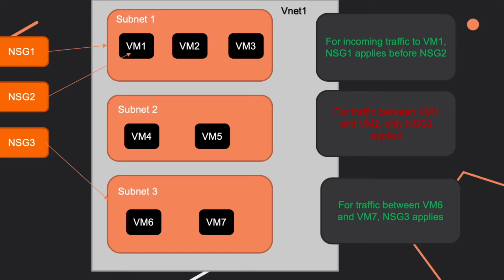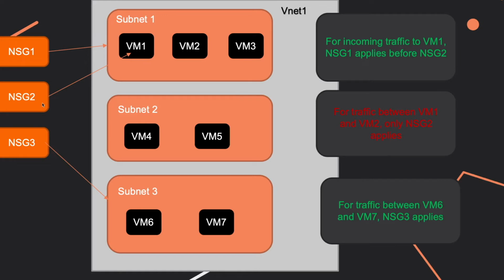For outgoing traffic, the rules in NSGs associated with the VM network interface are processed before the NSG associated at the subnet level. So since we are dealing with incoming traffic, the rules in NSG1 are processed first, and then the rules in NSG2.